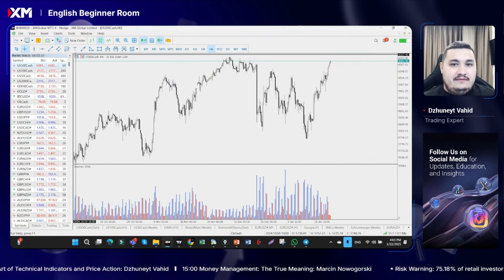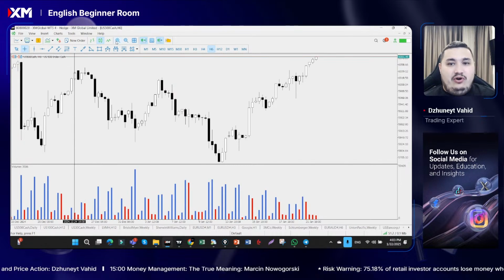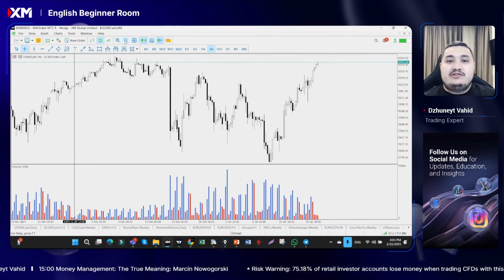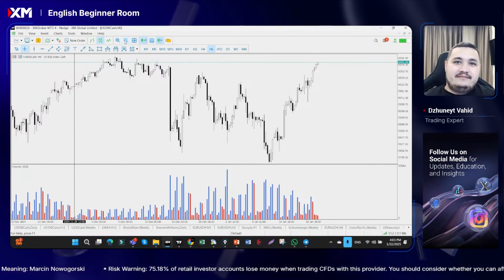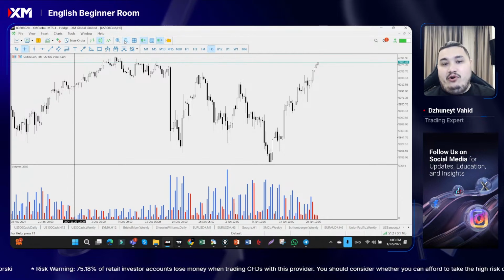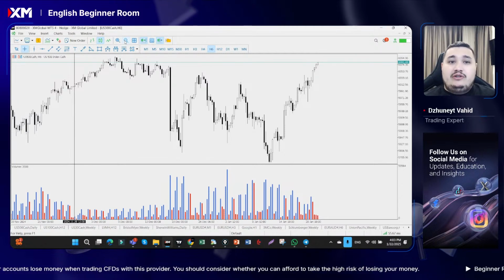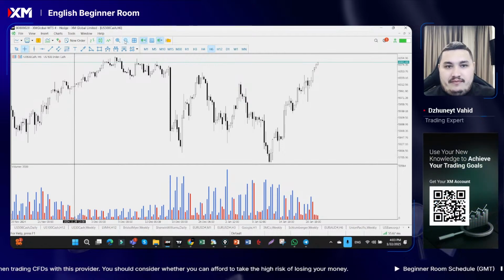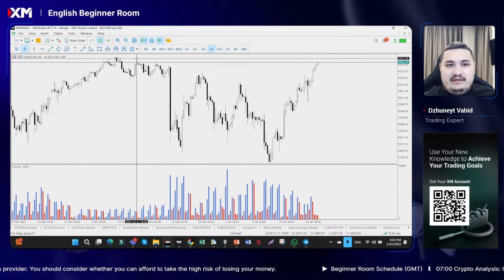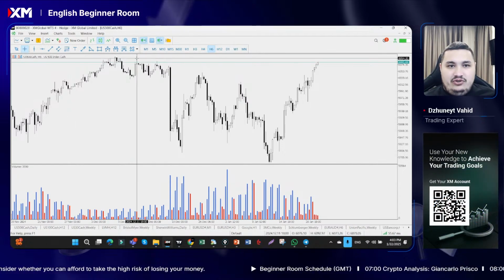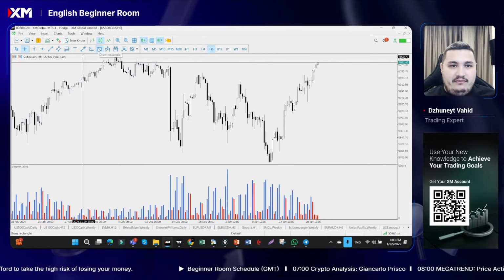Sometimes a shooting star that we know as a reversal is not getting confirmed by the volume. It's not working. If we were following the volume confirmation, we would not take a sell on the shooting star. Like this one, it's not getting confirmed by the volume.